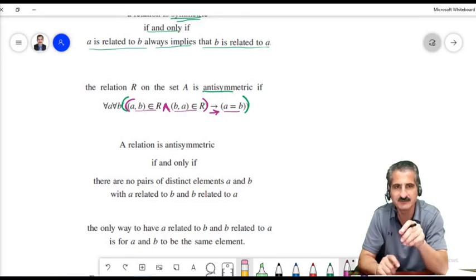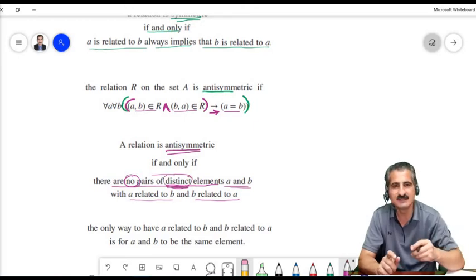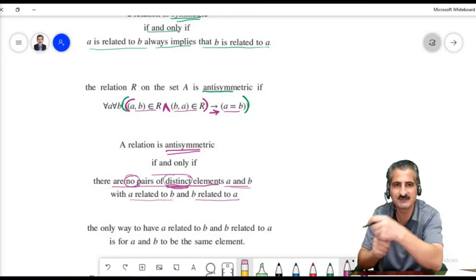The relation R is called antisymmetric if it does not allow, here we go, it is antisymmetric if and only if there are no pairs of distinct elements A and B with A related to B and B related to A. There are no pairs of distinct elements, A and B, that are related to each other in opposite ways.